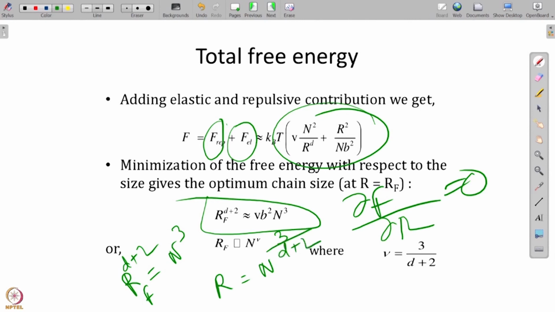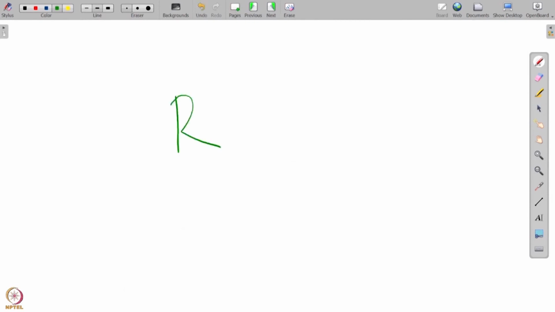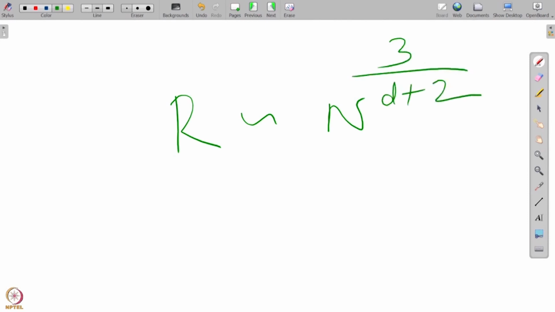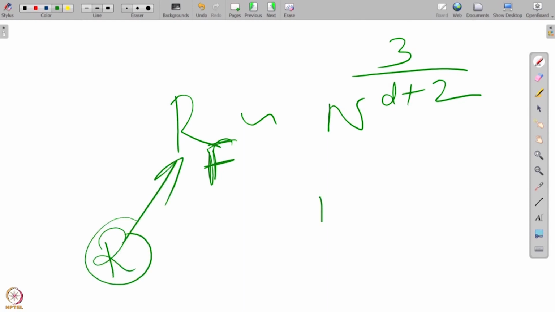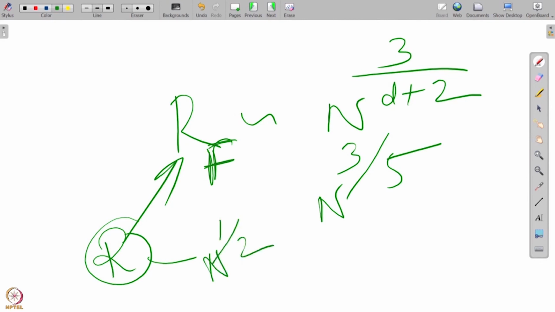So this is the Flory exponent. Because of interaction, the excluded volume, the Gaussian polymer size r gets modified to R_F, and for d equal to 3, it is n to the power 3 by 5. So this goes as n to the power half without interaction. Because of interaction, n to the power half swells to n to the power 3 by 5.